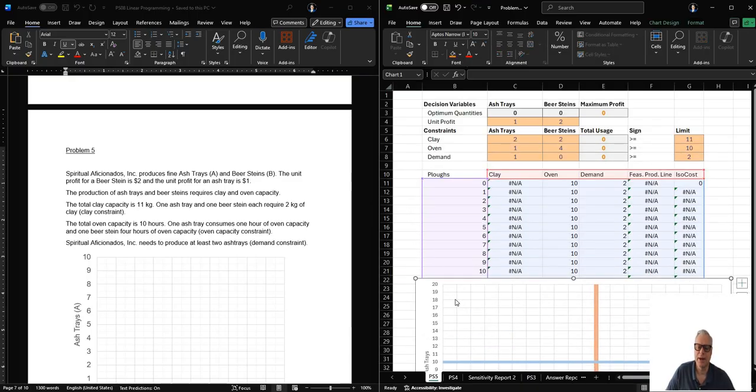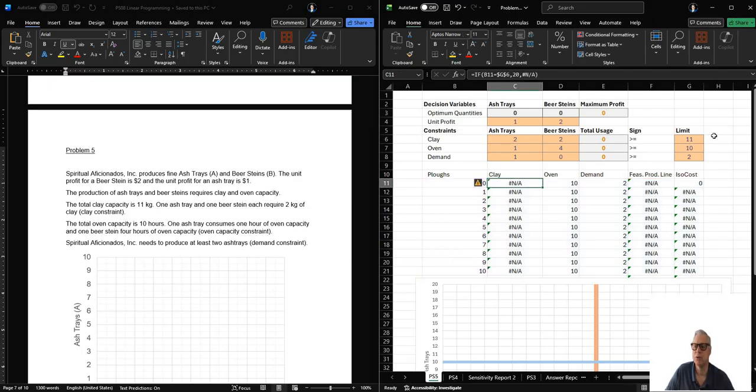Okay, so for the clay constraint, we know that if we use up all our clay to produce ashtrays, then we can get 5.5.